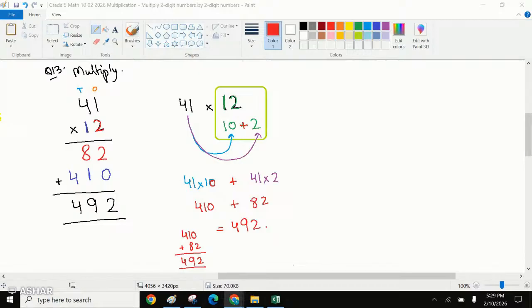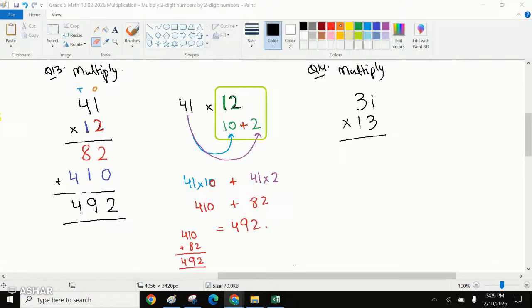Okay, let's say in question number 14, they're asking us to multiply 31 by 13. So we know that we have the ones and we have the tens, right?